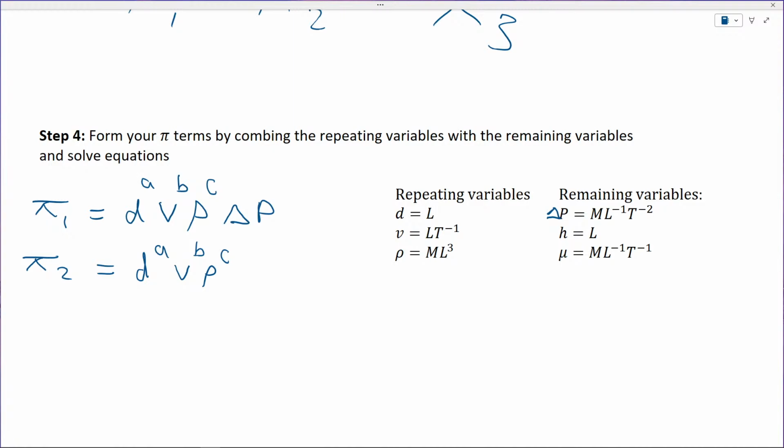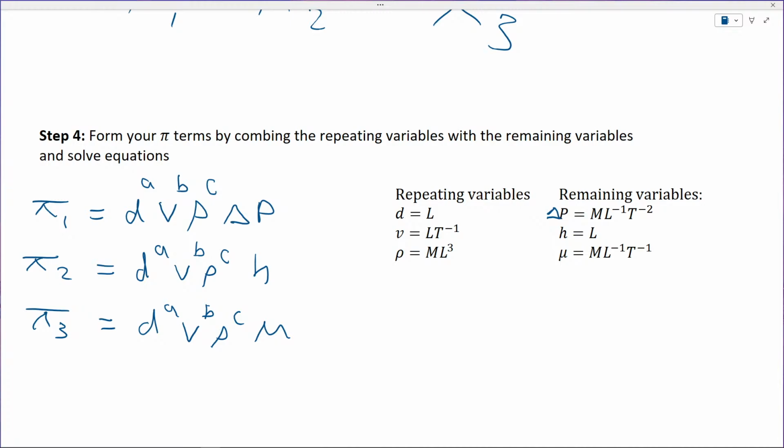That would be the second remaining variable, which is H. And then for pi 3, my repeating variables, V to the power a, rho to the power b, and what guy should I put here? That would be my viscosity. So now I have my 3 pi terms.